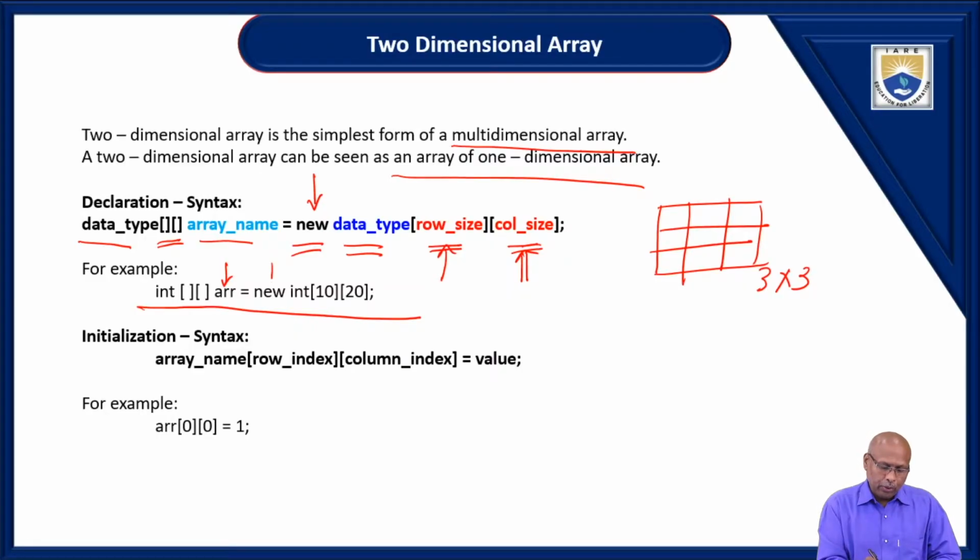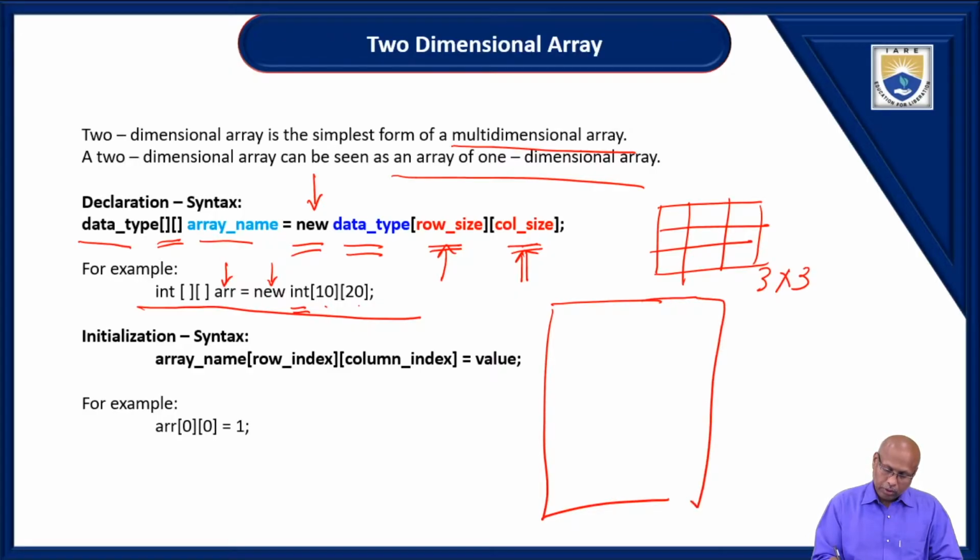For allocating memory, you use the new operator followed by which kind of data. Because I want to store integer data, write int[10][20]. That means there are 10 rows and 20 columns.